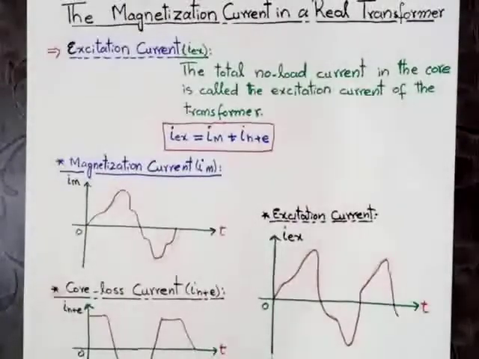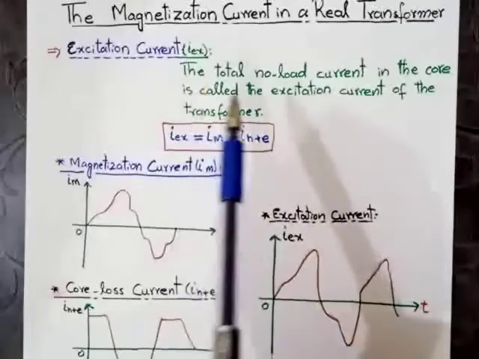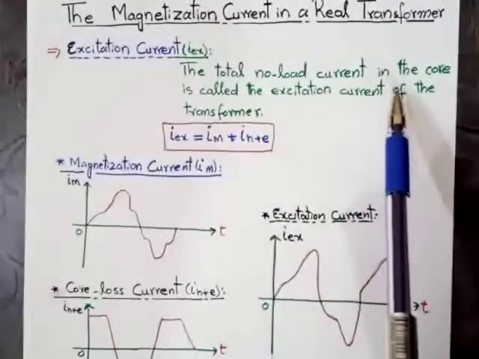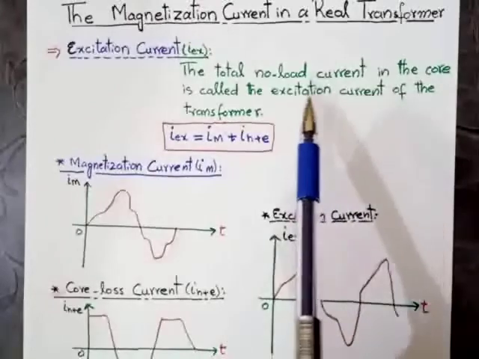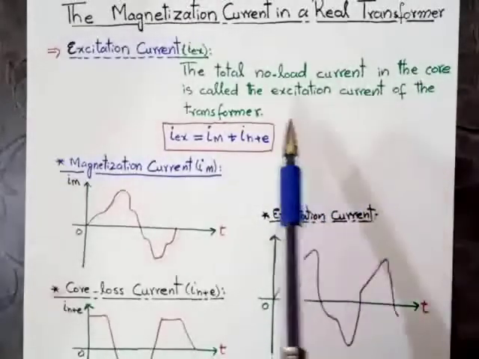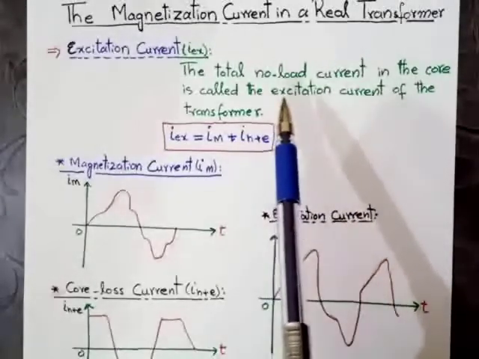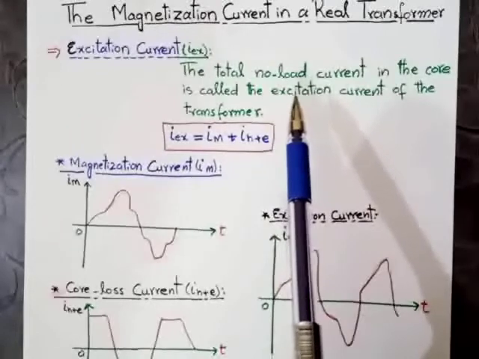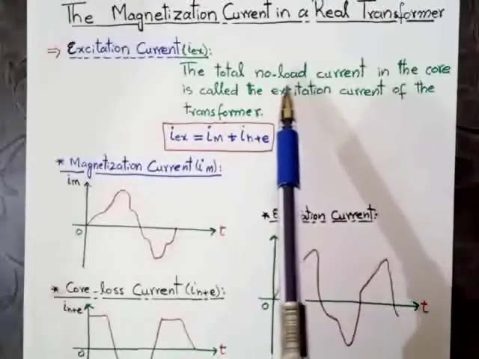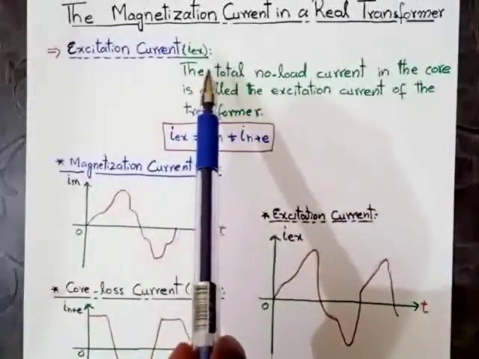Now we will discuss the excitation current. The excitation current or the primary current is the total no load current in the core. The total no load current in the core is called the excitation current of the transformer. That is, if the secondary is open circuit, then the no load current across the primary circuit is called the excitation current.